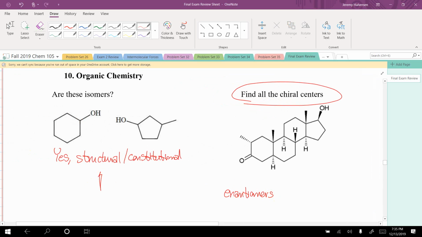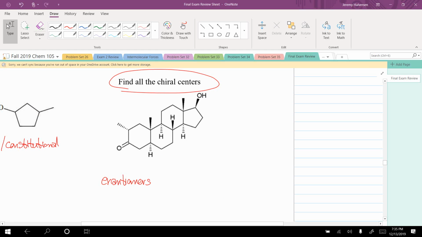No, because then they'd be structural. They're isomers because they have chiral centers, and when you take the mirror image of the chiral center, you get a different molecule. Same formula, different molecule. But in this case, it's not because it's connected different, it's because it's just arranged different around the chiral center.